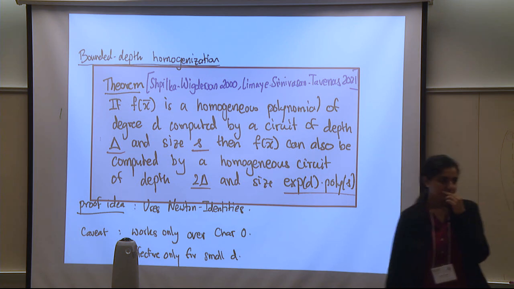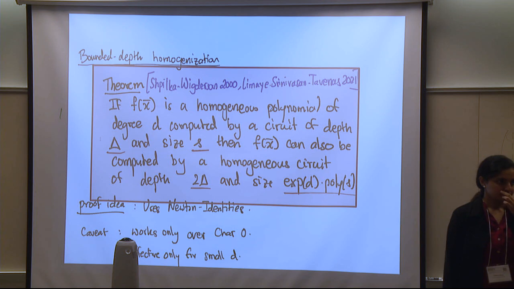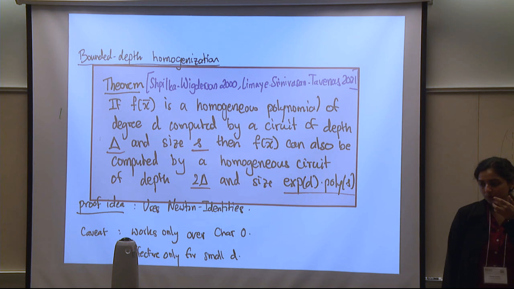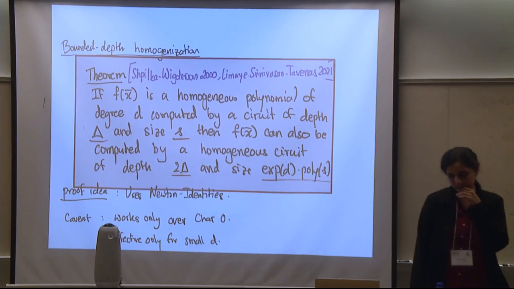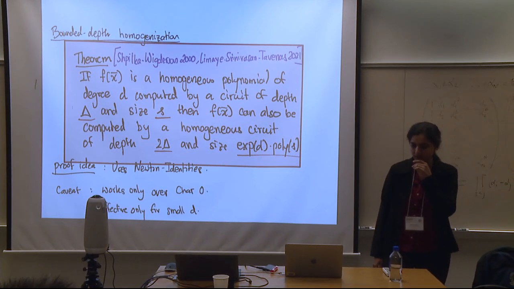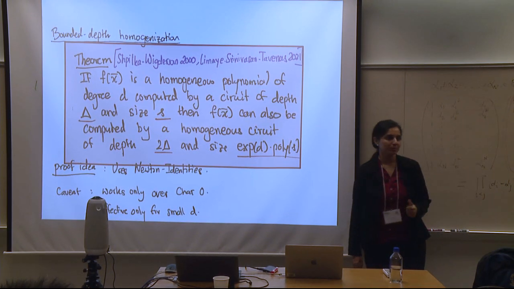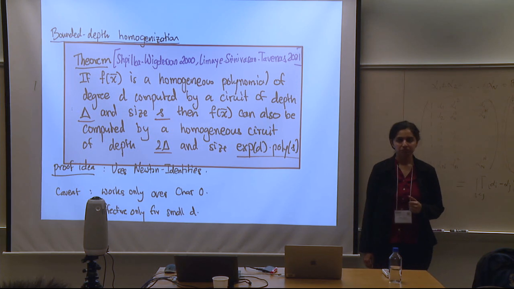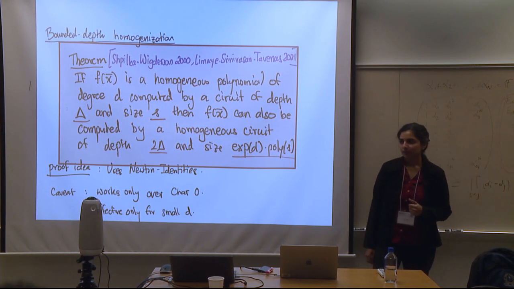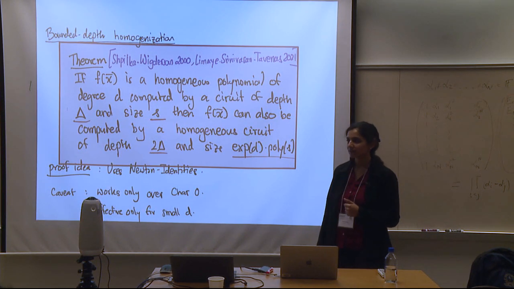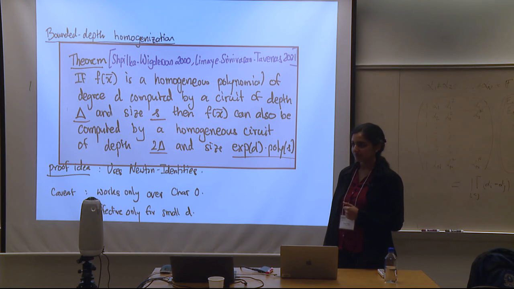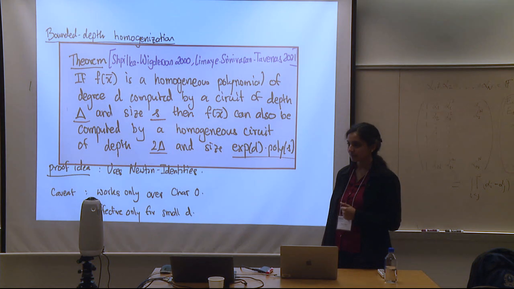Yeah? Do we expect such a thing to hold in characteristic P? Very good question. So I don't know. There are no bottlenecks, but there are no upper bounds. One thing, in one of your papers, don't you have some barrier against proving Newton identities?